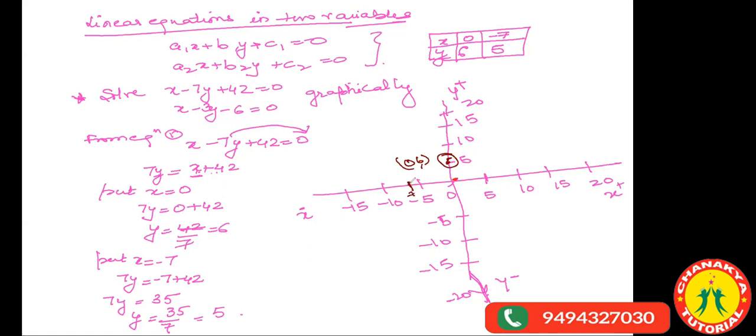So minus 7 and 5. 5 is positive, so it will lie here. Clear? Now join these 2 points. A straight line would be there. So just write the line here: x minus 7y plus 42. Clear this thing, children?